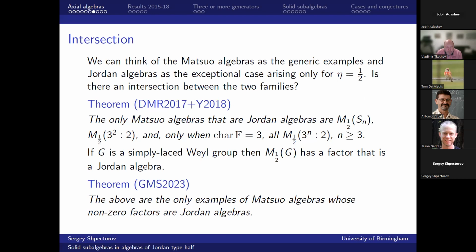So it would have an ideal, and the quotient over this ideal would be a Jordan algebra in this case. Right, and there is a recent result by Gorshkov, Mamontov, and Staroletov, who extended the result of Tom and Felix Rehren and showed that this list is complete. There are no further Matsuo algebras whose quotients can be Jordan algebras.